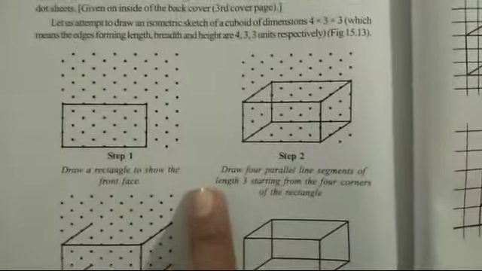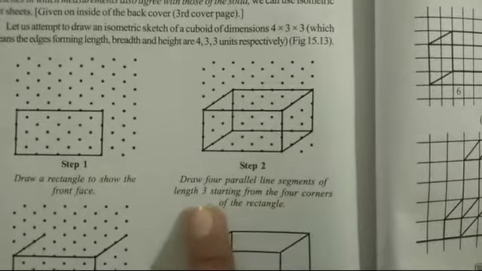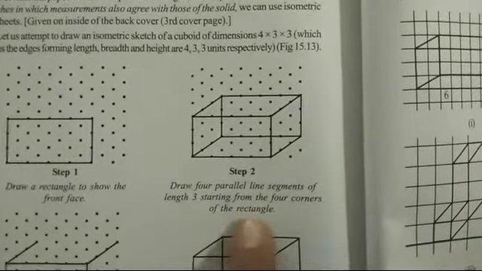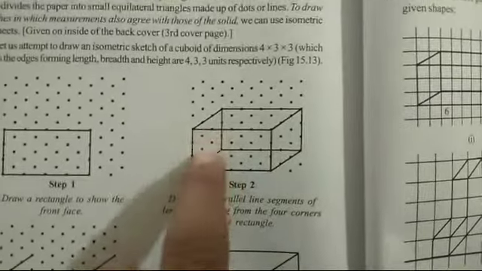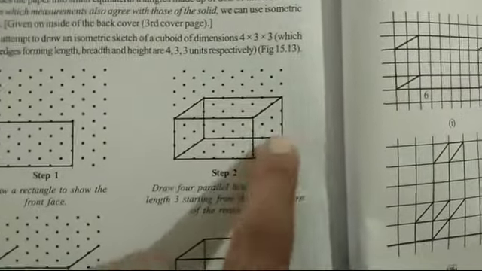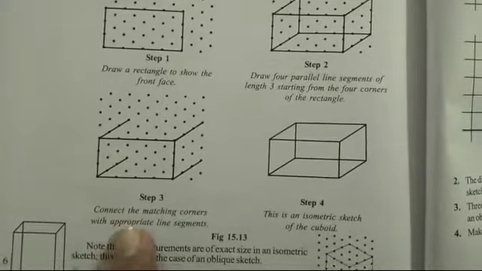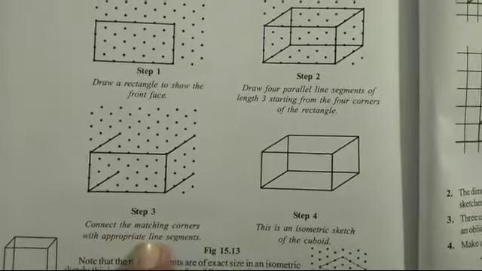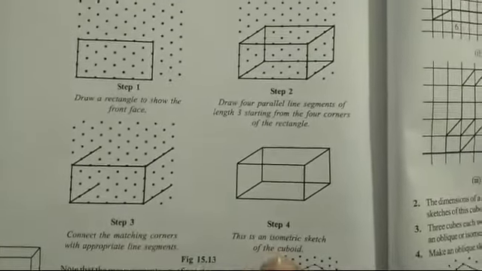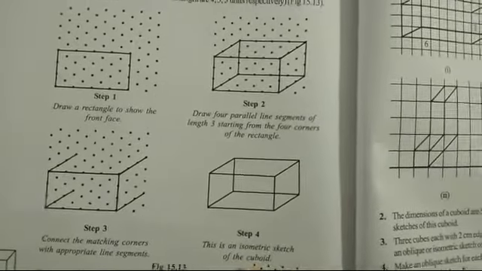Then draw parallel line segments of length 3, starting from the 4 corners of the rectangle. From this corner, from this corner, from this corner, 3 only: 1, 2, 3 dots we have to move. Now connect the matching corners with the appropriate line segments. Then what we get is an isometric sketch of the cuboid.